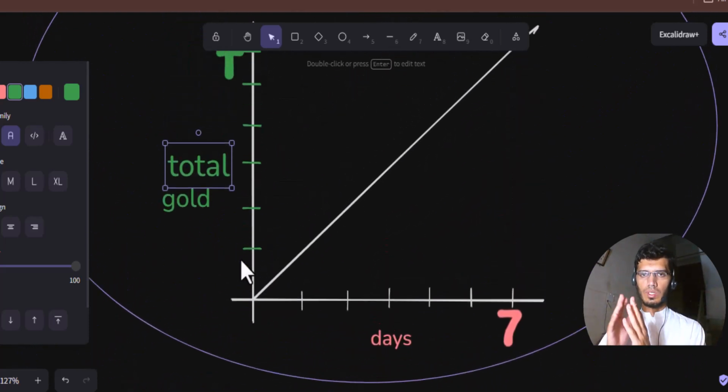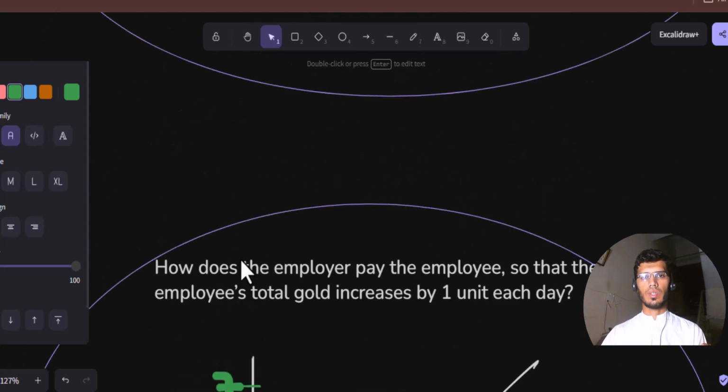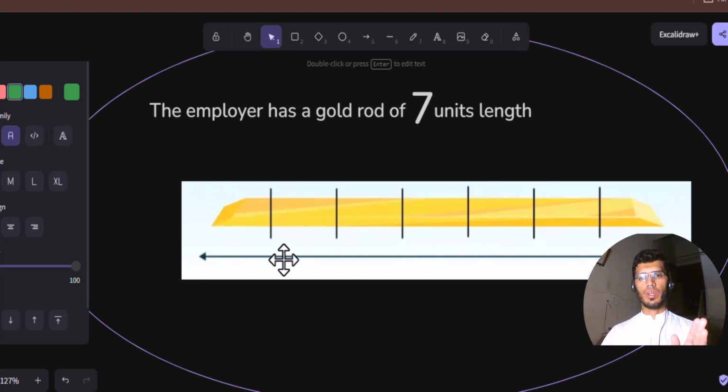Another constraint is that as you have to give the gold, you have to make cuts. The problem is very easy if the constraint of cutting the rod into pieces is omitted, because then we would make 6 cuts, have 7 pieces, and give one piece each day.